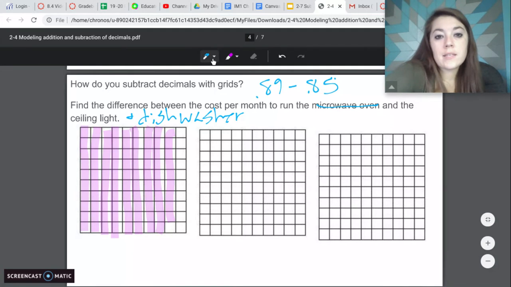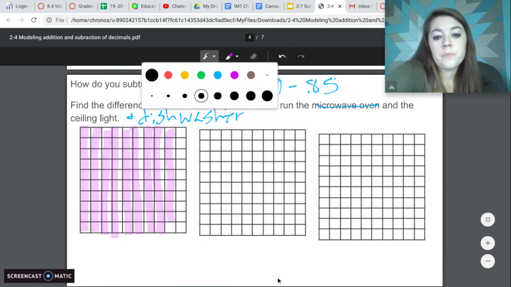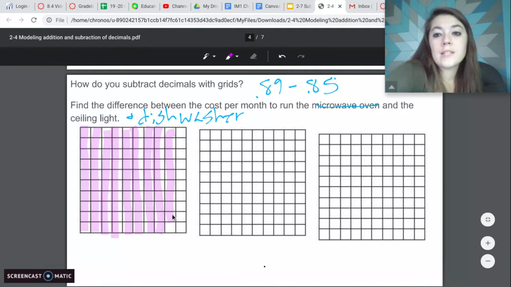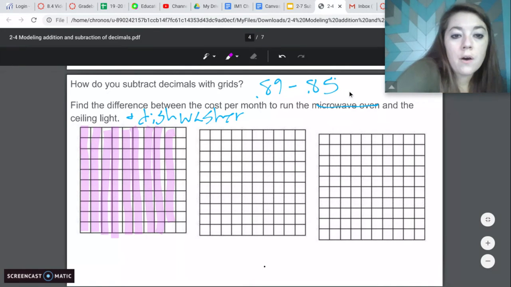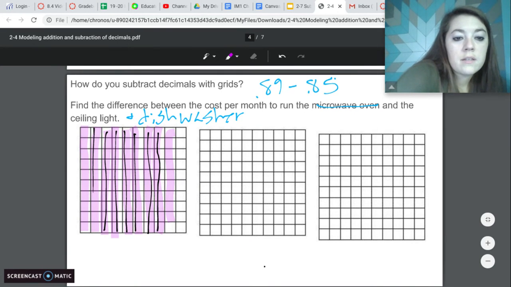So in this case, we need to cross out 85 cents worth. So there's 10, 20, 30, 40, 50, 60, 70, 80, 81, 82, 83, 84, 85.